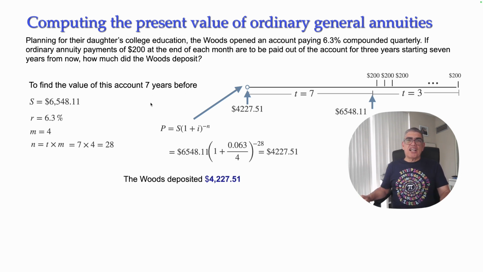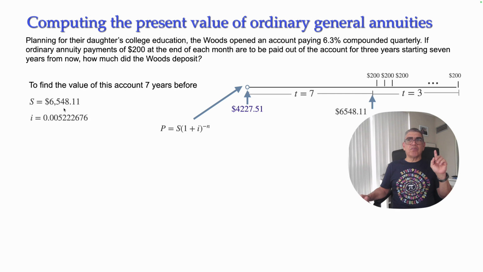So for that reason, another way to solve this problem is take into account this. So we noted that the periodic rate of interest compounded monthly is this. So if we are going to use this i here, it will be okay, but take into account that we have now the number of months, because this is compounded monthly.